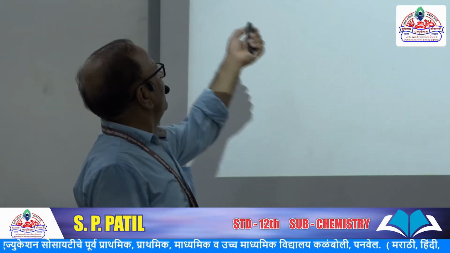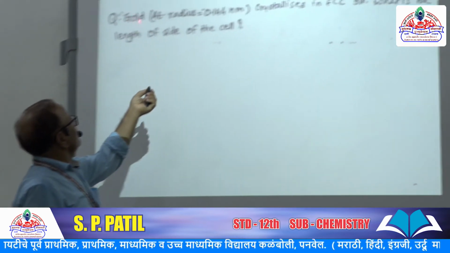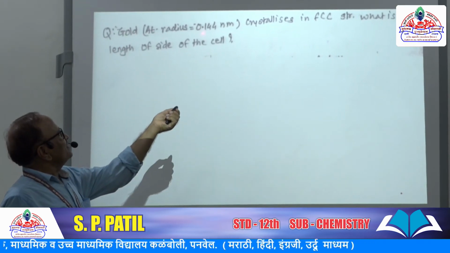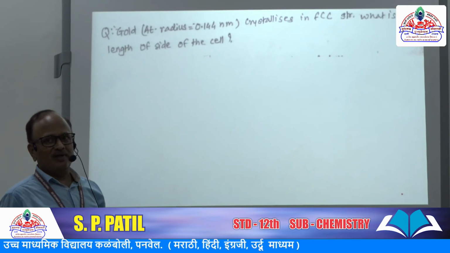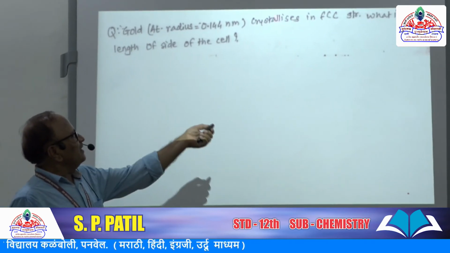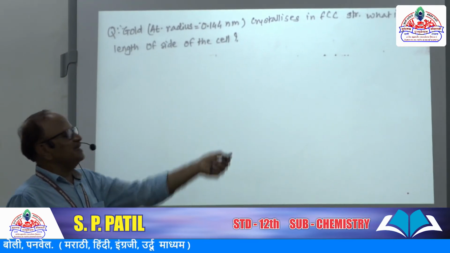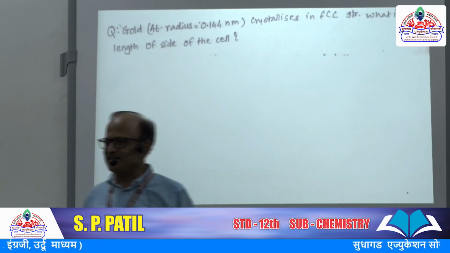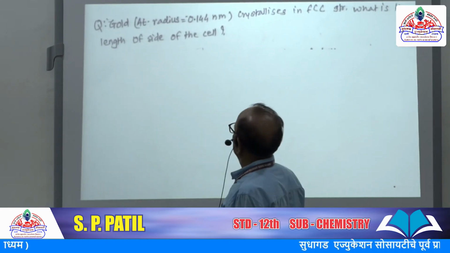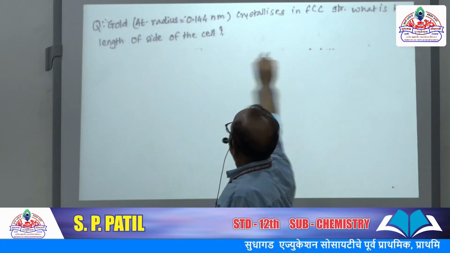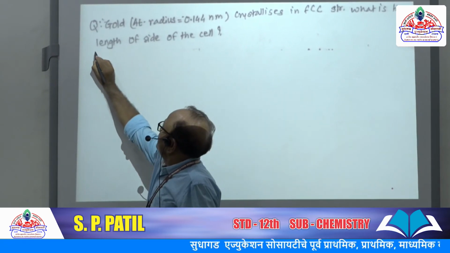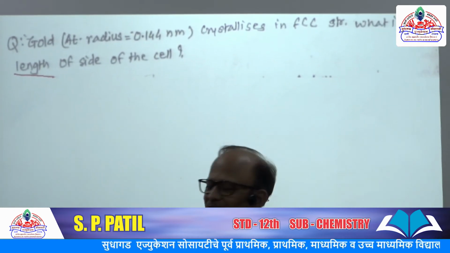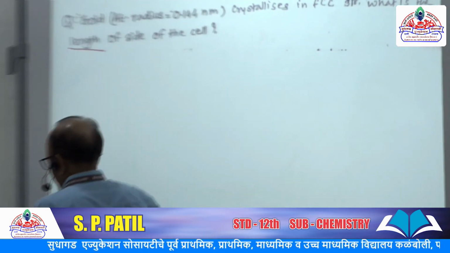We are provided the atom of gold whose atomic radius is 0.144 nanometer, and it has an FCC, face-centered cubic structure. We are asked to calculate the edge length, that is side a. Okay.